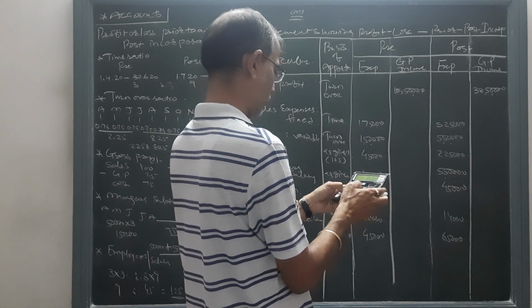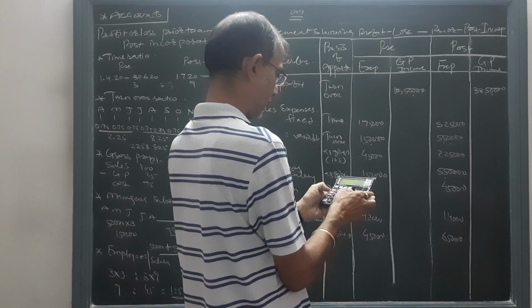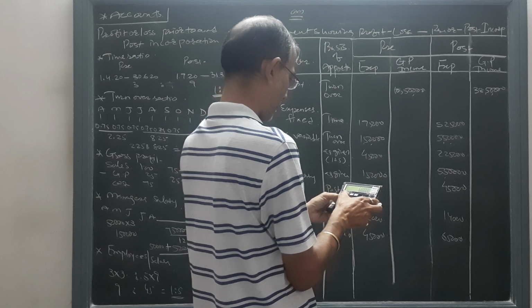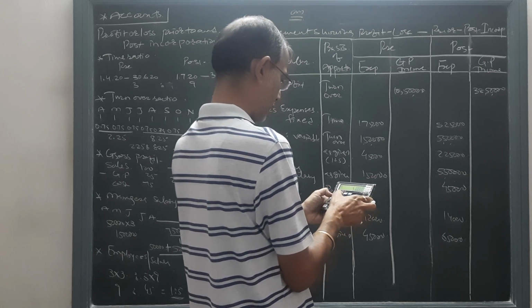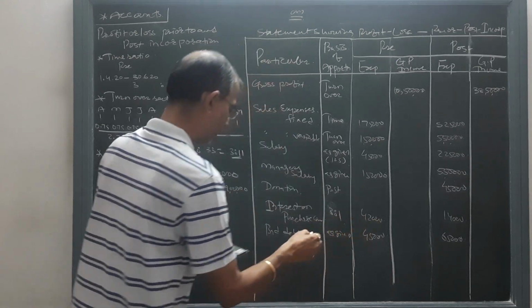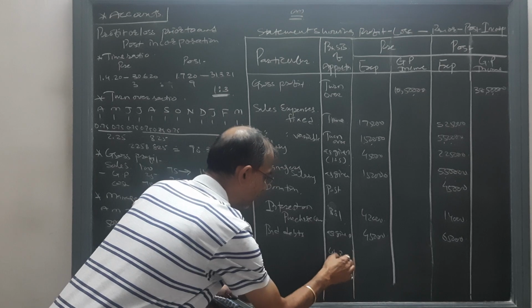10,50,000 minus 1,75,000, 1,50,000, 45,000, 1,50,000, 42,000 and 45,000. Net profit for the pre period is 4,43,000.